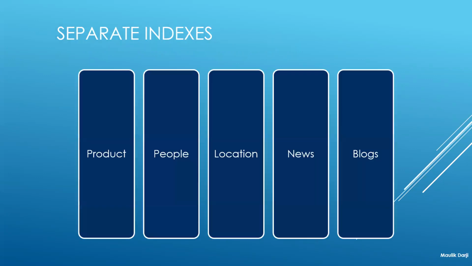I can create computed indexes for many things. This one is basically for separate indexes. I want indexes separated for product, people, location, news, blogs. I want to make everything faster, so I will separate out all the indexes. It's a very simple process. I can just click plus and then add one more root node in the search text.